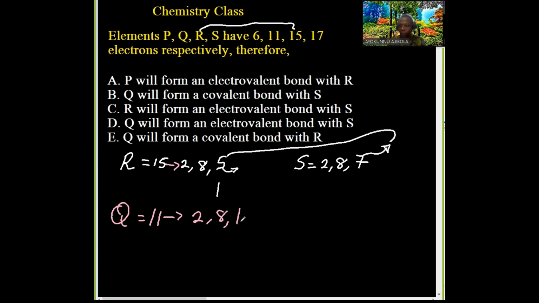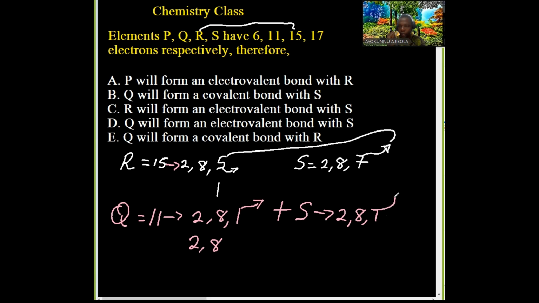So this one electron outside means it is ready to give away, in order to make the octet rule, so it will remain 2, 8 when it gives this one away. And if it forms a bond with S, that is 2, 8, 7.